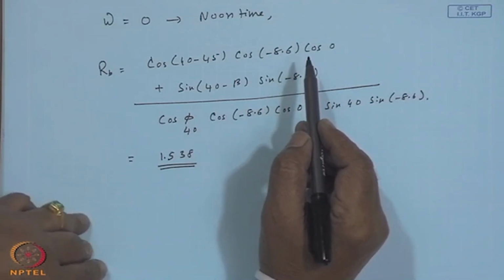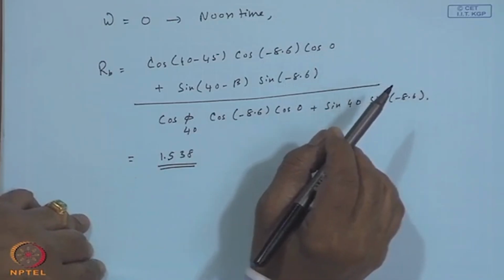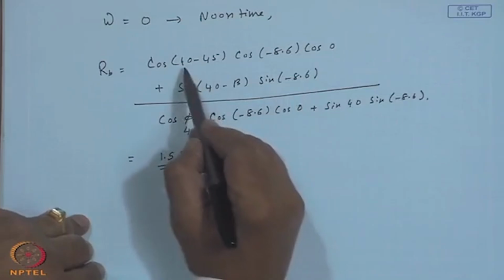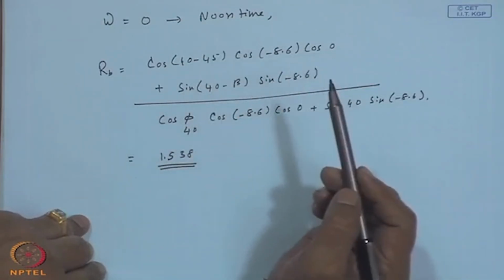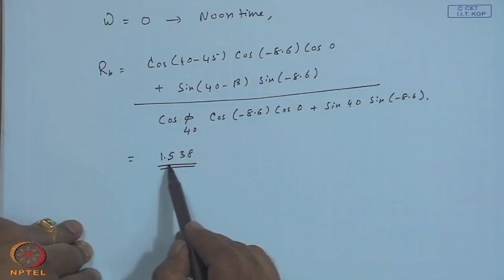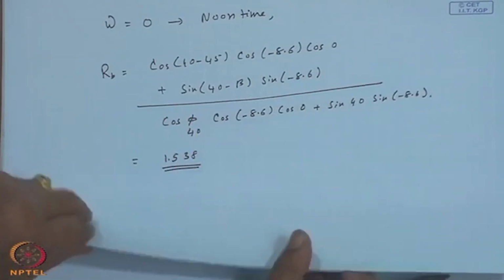So, we found in the collectors that phi minus beta equal to delta is an optimum orientation. Similarly here you have phi pretty close to beta and pretty close to the equinoctial day. So, you have a fairly high RB at noon time.